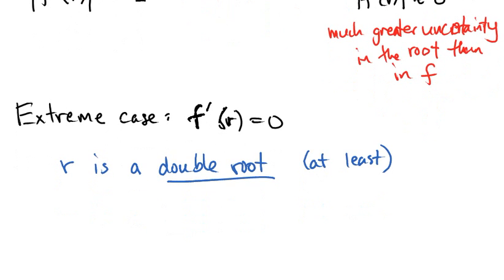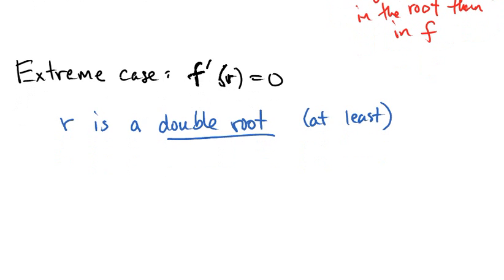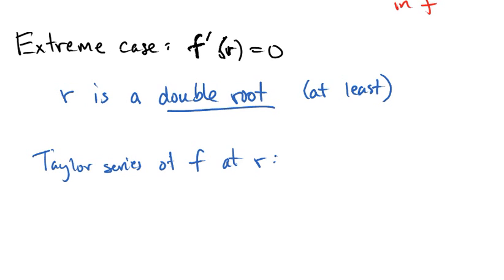So there are a couple of different ways we might think about that. For example, if you think about a polynomial, that would mean you have a quadratic term rather than just a linear term for that root. Or if you think about it in terms of the Taylor series of f at r, and we're going to be seeing this quite a bit, so you may want to review power series and Taylor series.